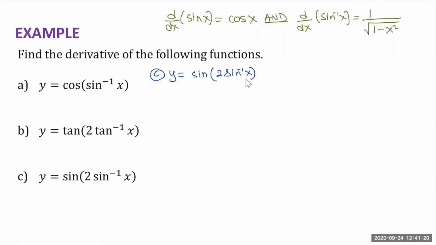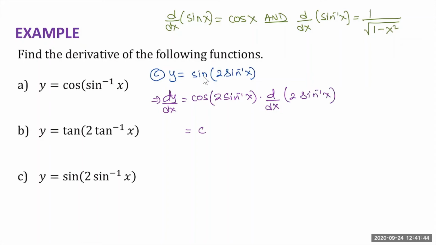The first one we are using is the chain rule. The chain rule says the derivative of the outside function, that is the derivative of sine, is cosine, keeping the inside function the same, multiplied by the derivative with respect to x of the inside function, which is 2 sine inverse x.